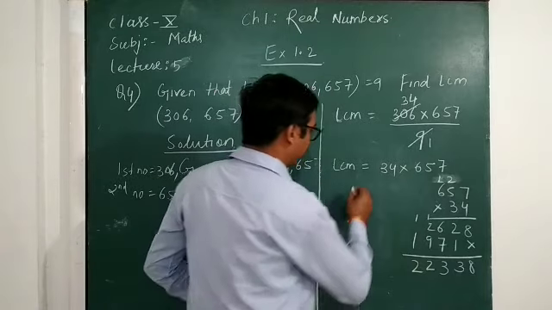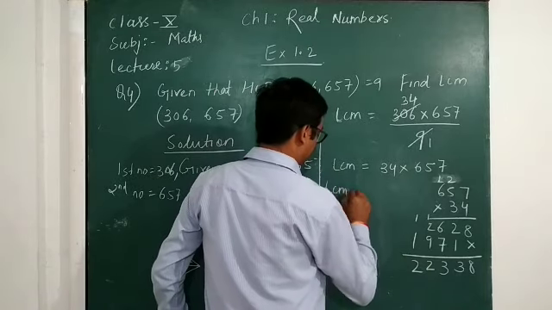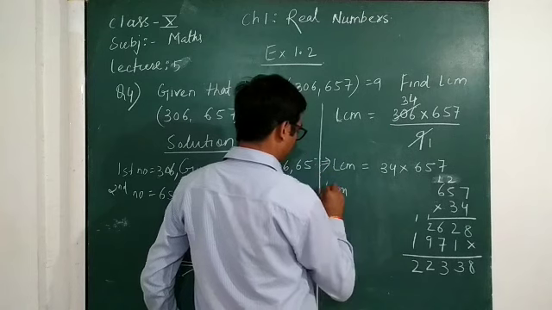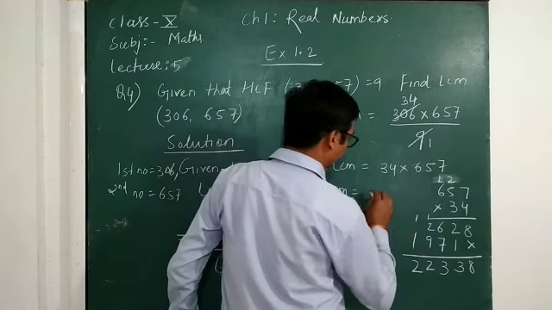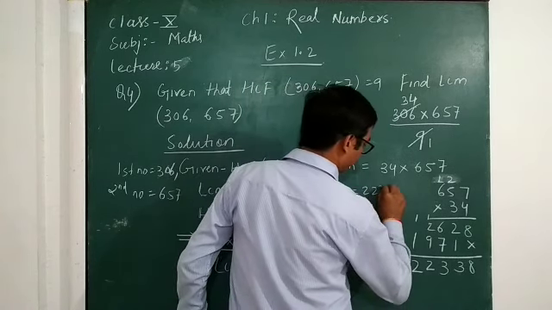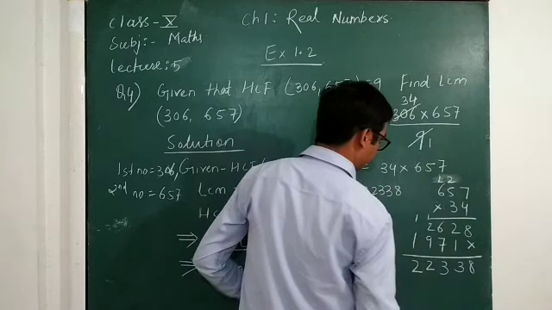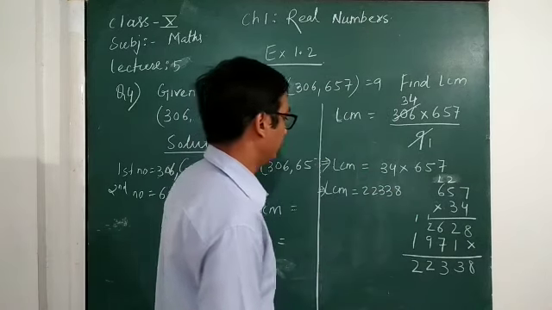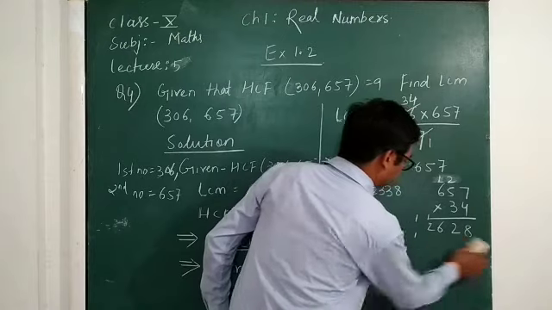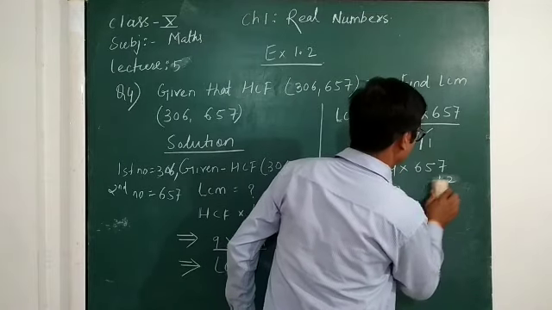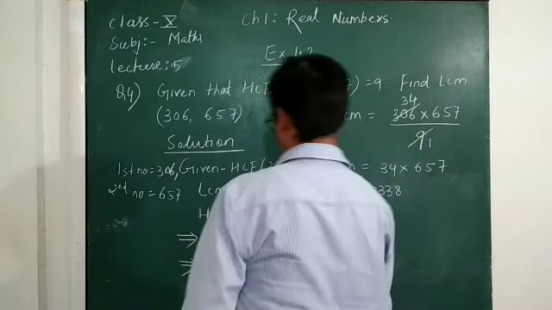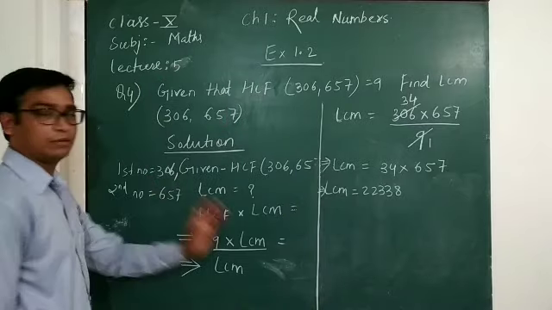So here you can write LCM is equal to 22338. Now this is our question number 4.